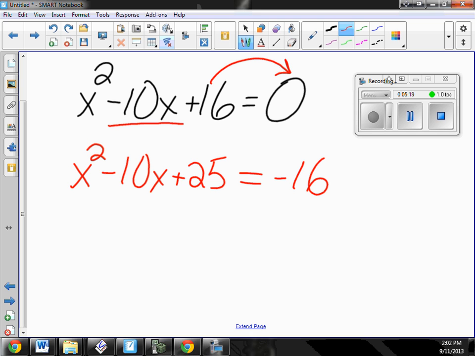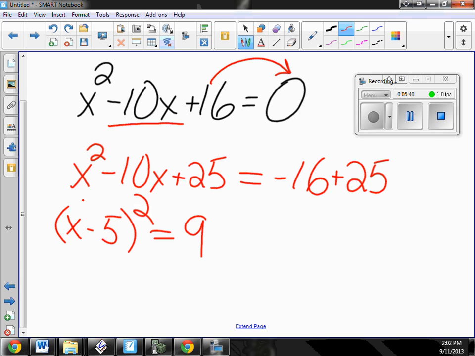But if I add 25 to one side, I have to add 25 to the other. And I get x, well, what is the perfect square? What number goes in here? Minus 5, squared, equals negative 16 plus 25 is 9. And I square root both sides.